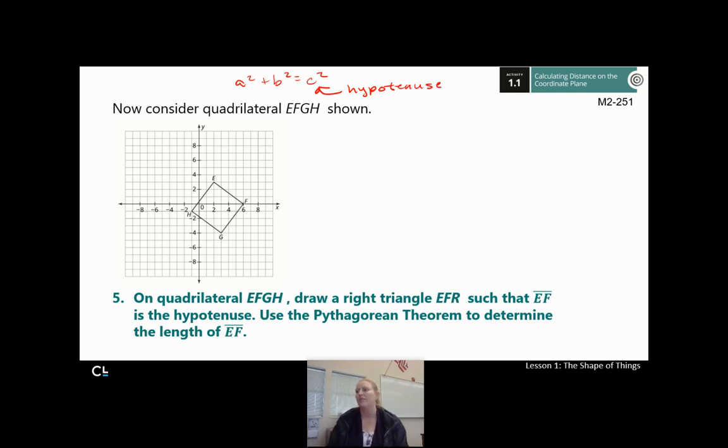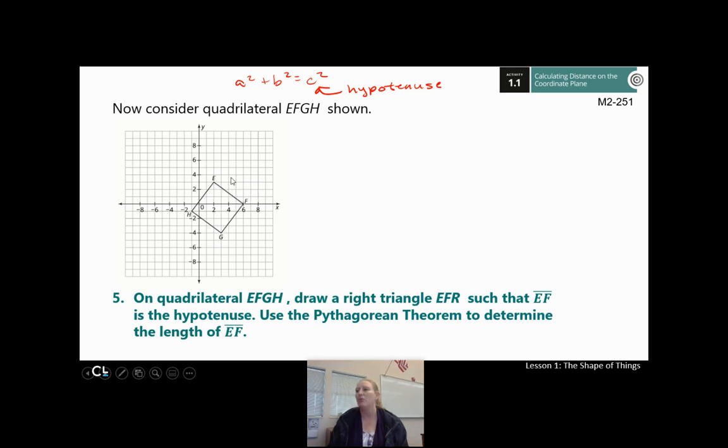All that good stuff. So what we're going to do is create a right triangle to help us find the length of the side. On this quadrilateral EFGH, you're going to draw a right triangle, which we're going to call EFR. We're going to put some point out here in order to make EF a hypotenuse.